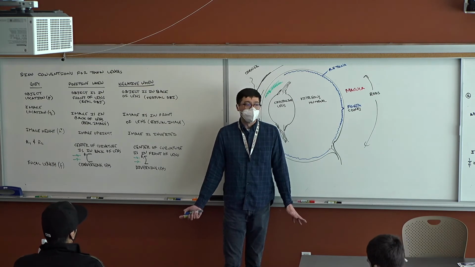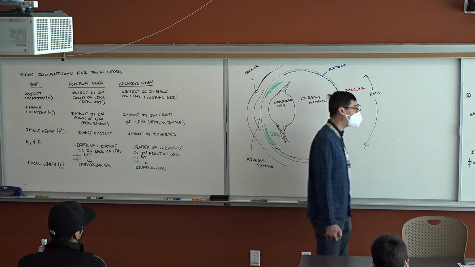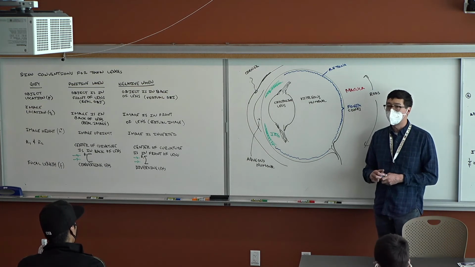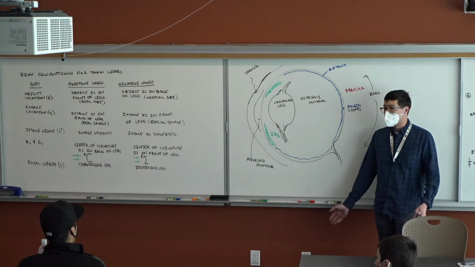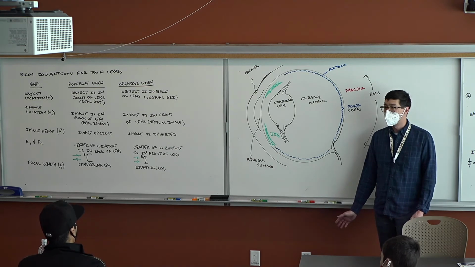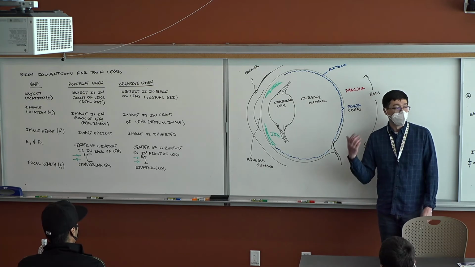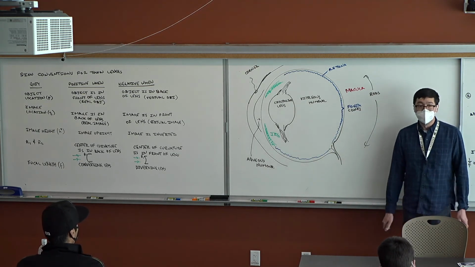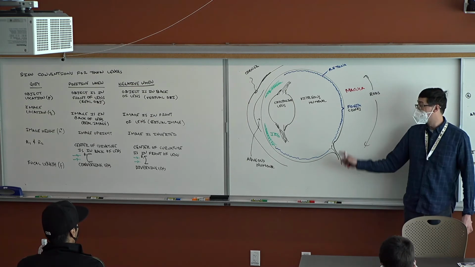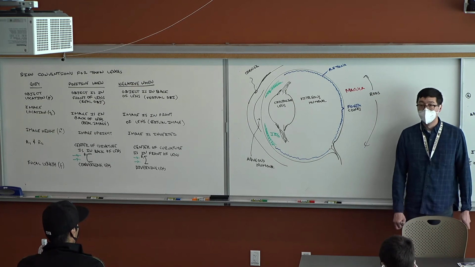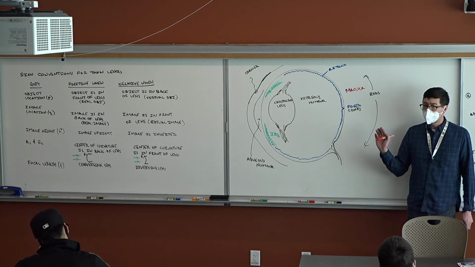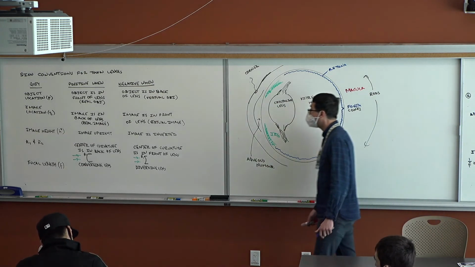Your first concern seeing something at night isn't necessarily telling what color it is. It's noticing its presence, right? And so in low light levels, you're more likely to be sending signals to the brain via the rods than you are the cones. Does that make sense?